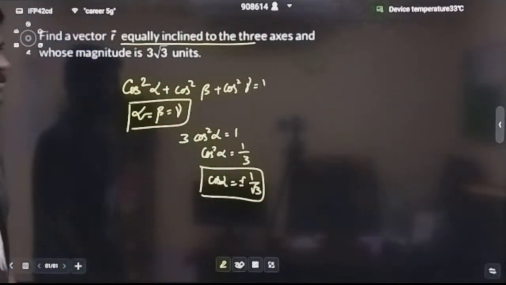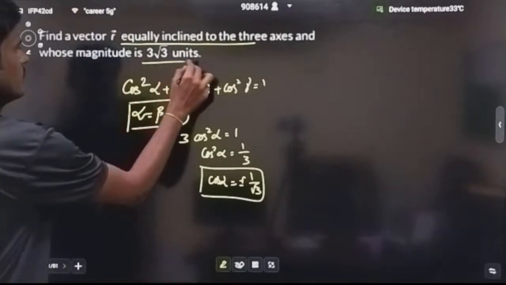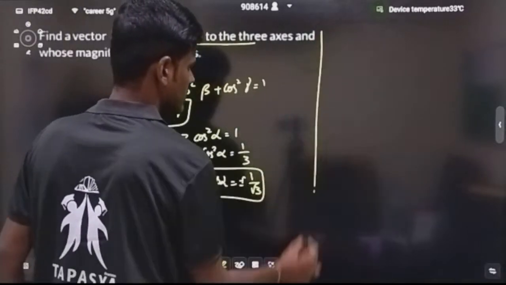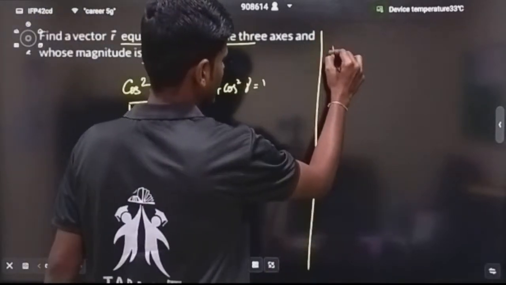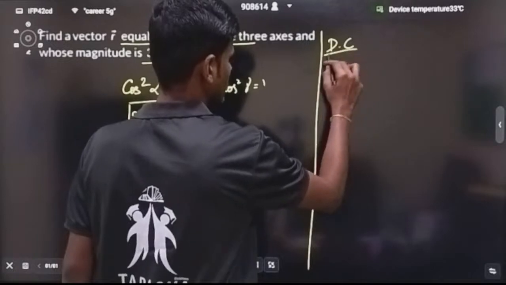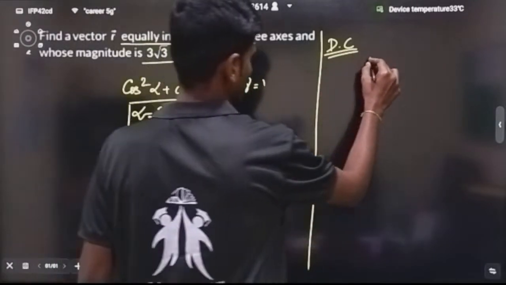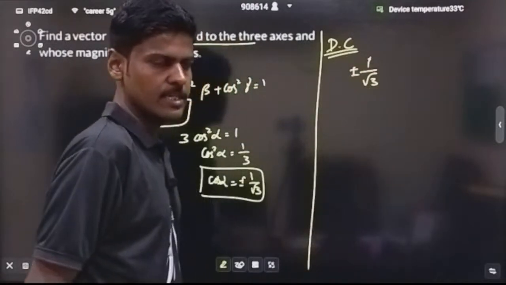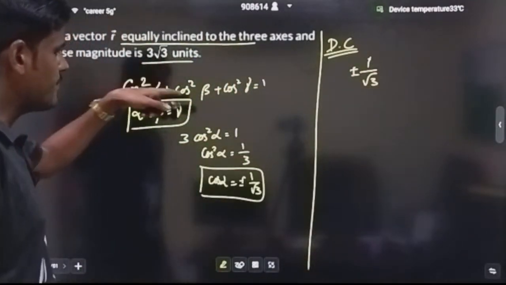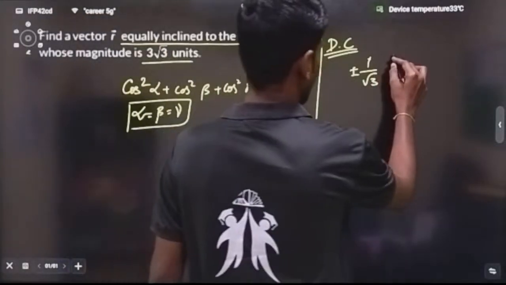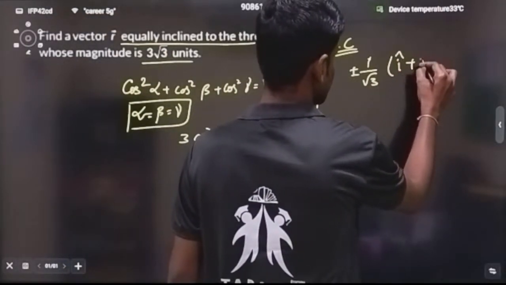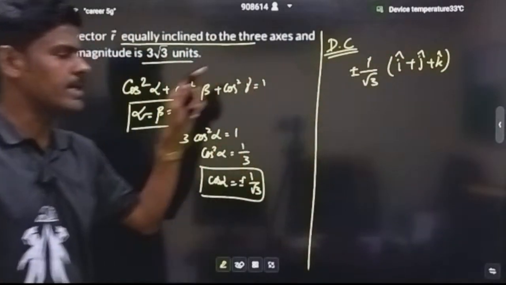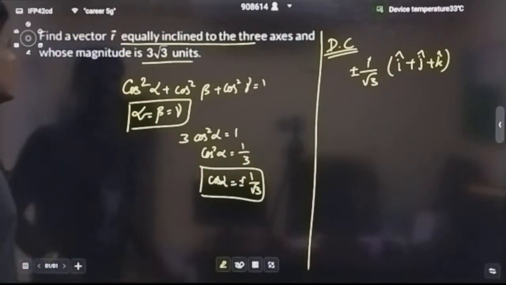Okay, now what do we need to do? Magnitude is 3 root 3. Obviously this is direction cosine, so that means direction cosine is given by vector 1 by root 3 times of plus or minus equally inclined, that is I cap plus j cap plus k cap. Now this vector is equally inclined to axis. Now what is the required vector?